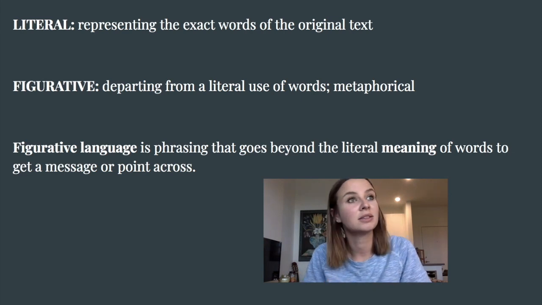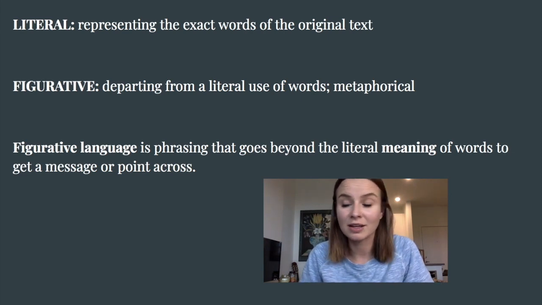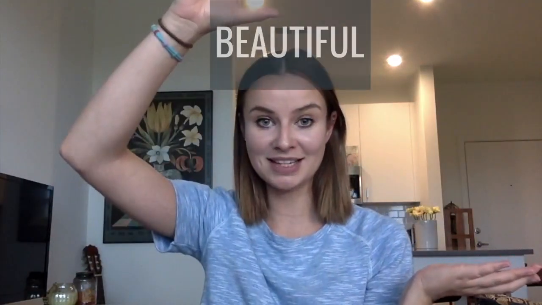You're probably like, what in the heck? Example, shall I compare you to a summer day? Summer day, you, bright and sunny, beautiful. Now we know that you are just as beautiful and bright and sunny as that summer day, and therefore we can have a more illustrated picture in our heads.